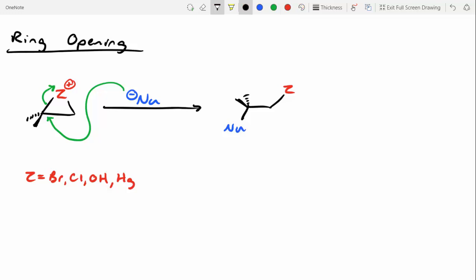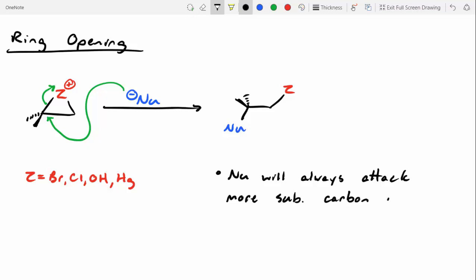The main thing to remember for these reactions is that the nucleophile will always attack the more substituted carbon if Z has a positive charge.